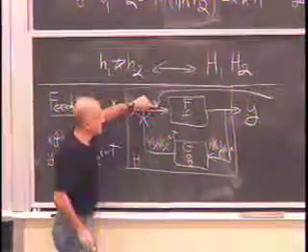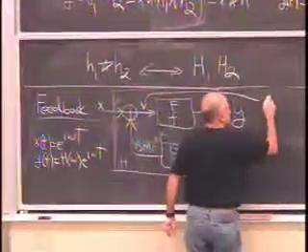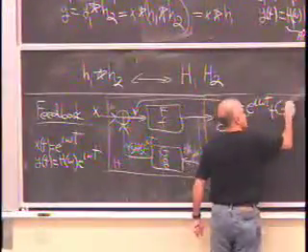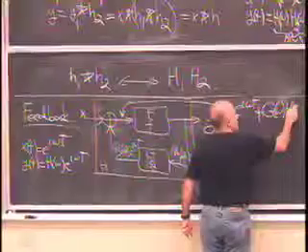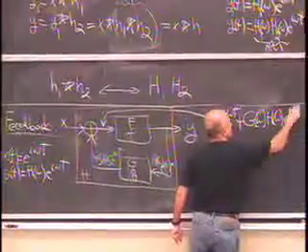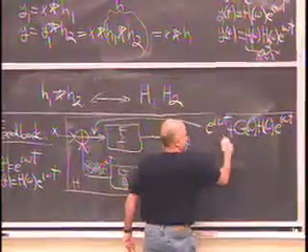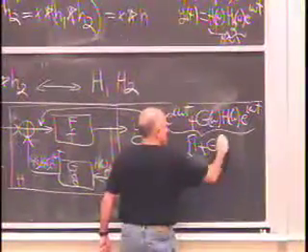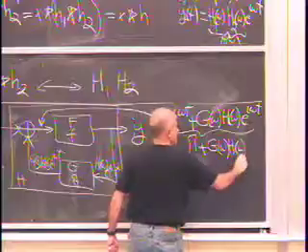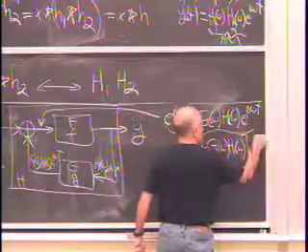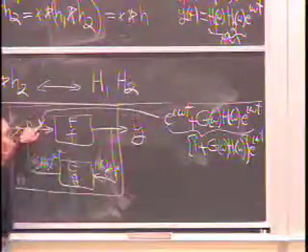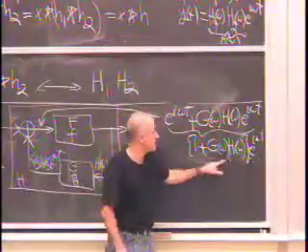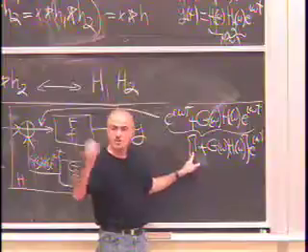So the signal here is e to the I omega t plus G omega H omega e to the I omega t. And you can write this as 1 plus G omega H omega times e to the I omega t. Okay? So again, I have an e to the I omega t times some complex number.